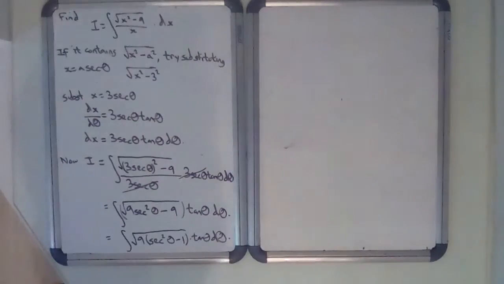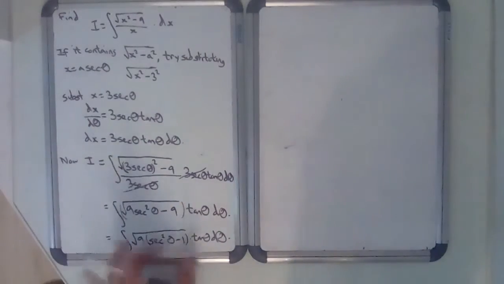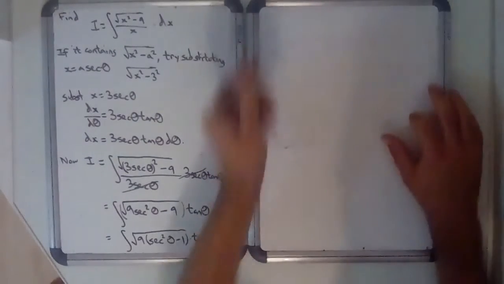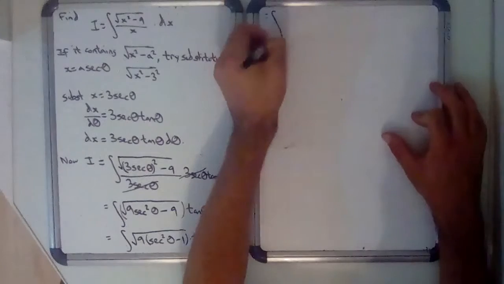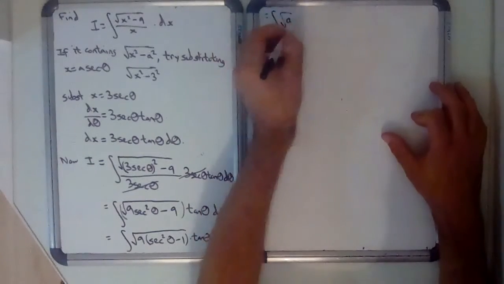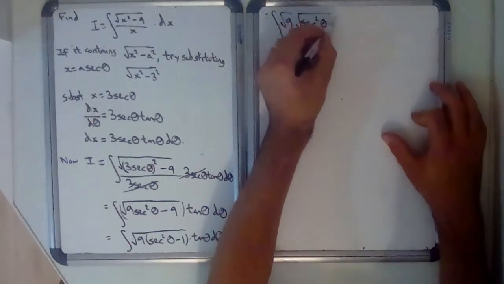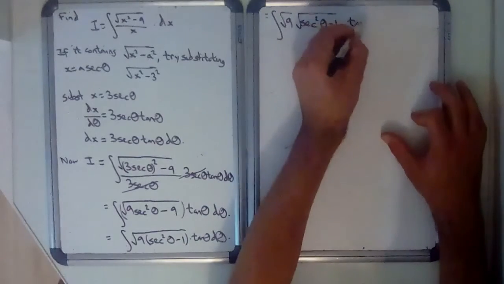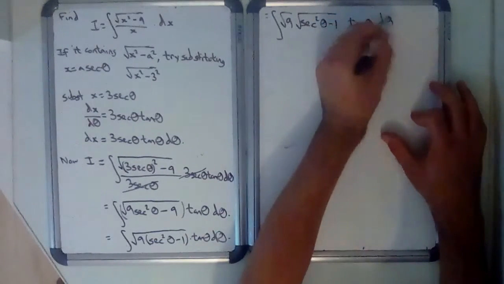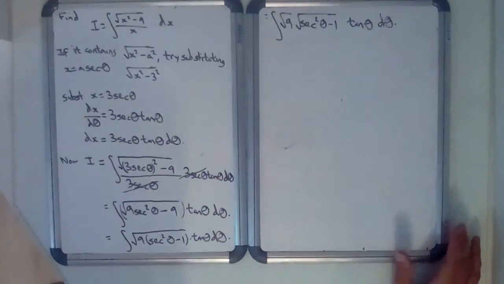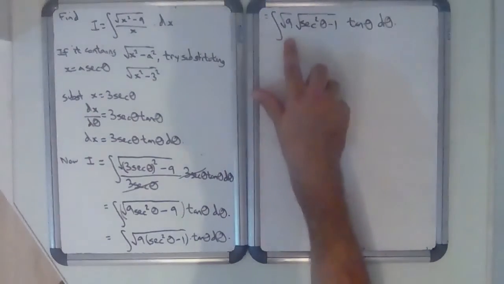Using one of your laws of surds, you can write that as root 9 times root sec squared theta minus 1. So the integral equals root 9 times root sec squared theta minus 1, times tan theta d theta. The root 9 is 3.